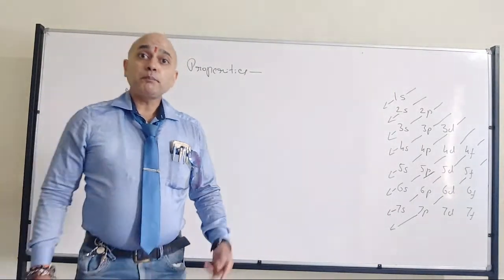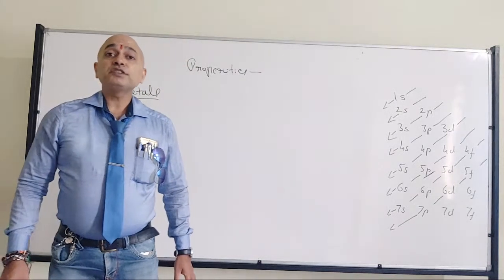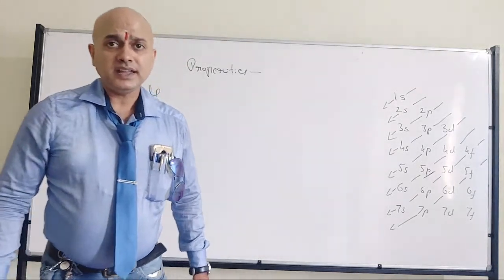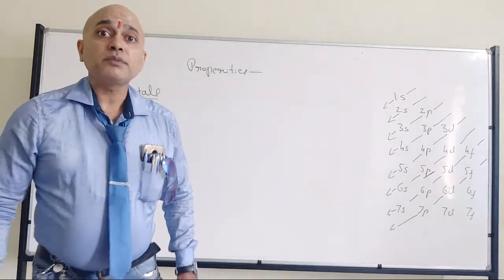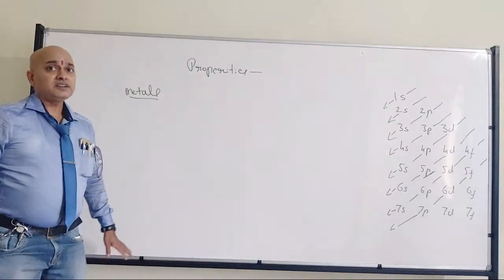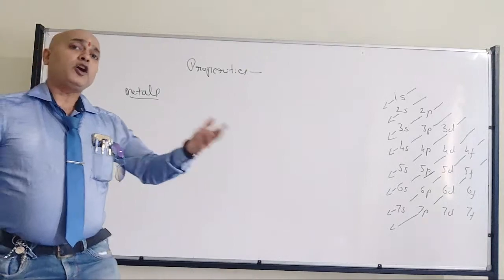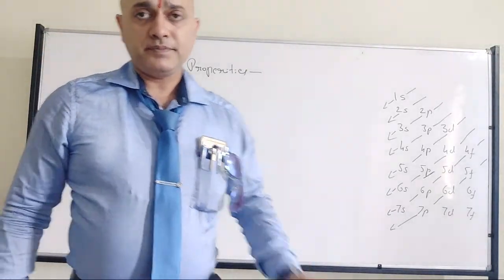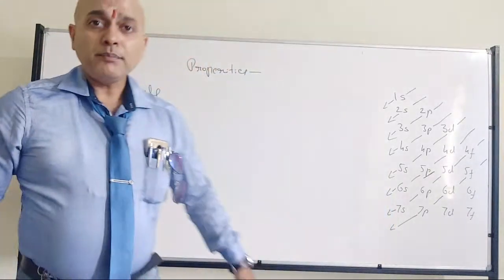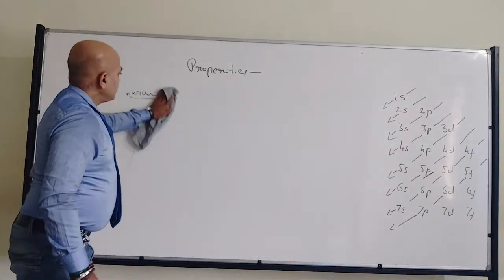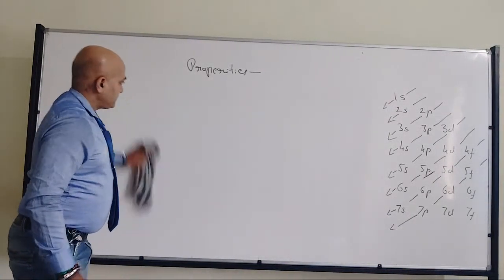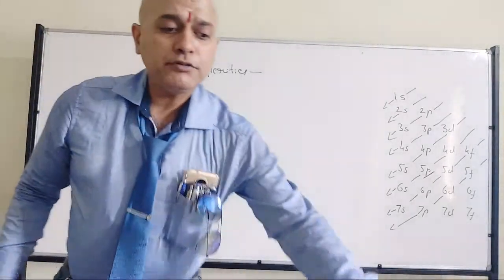But when it comes to P block, the non-metals are dominating, but even there we have some of the metals. So in the periodic table, metals are dominating with respect to the number. That is one point which you have to remember.